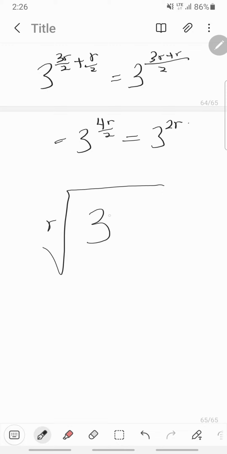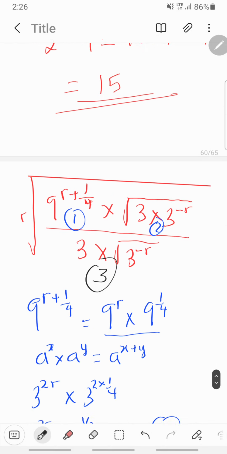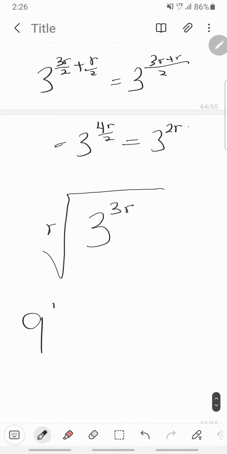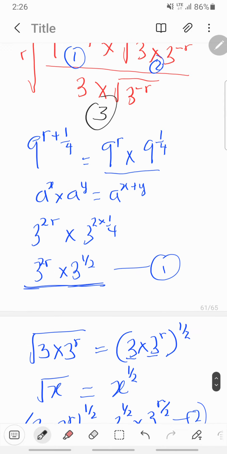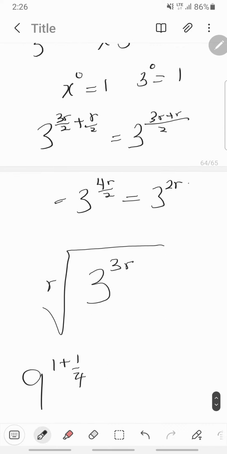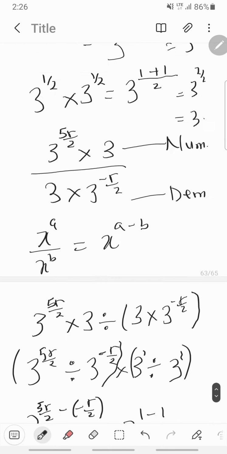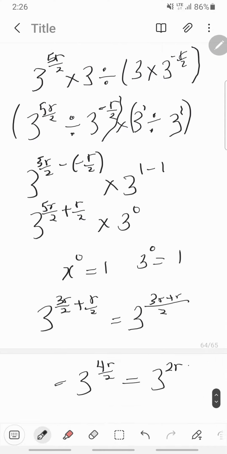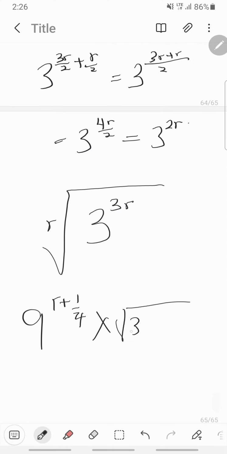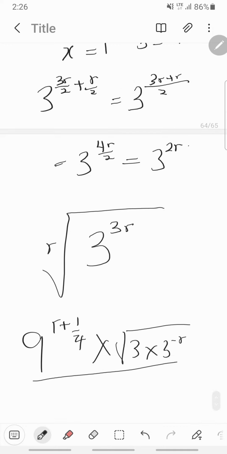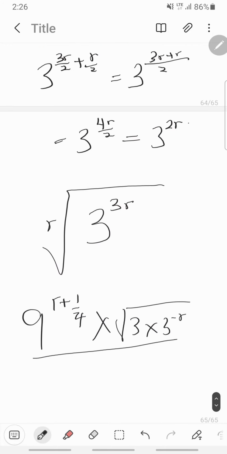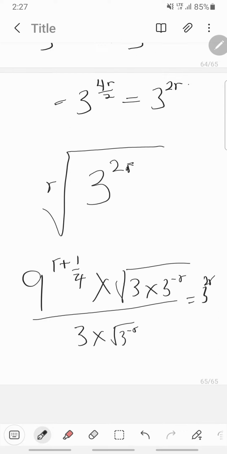So what we have inside the bracket is everything the same as this: 9 to the power of r plus 1 over 4 times the square root of 3 to the power r divided by the denominator, which is the same thing as 3 raised to the power 2r. Now that is it.